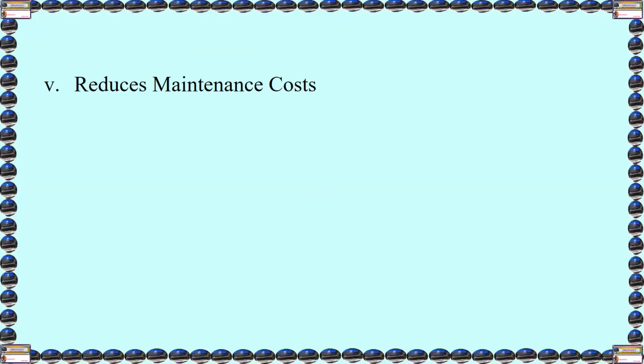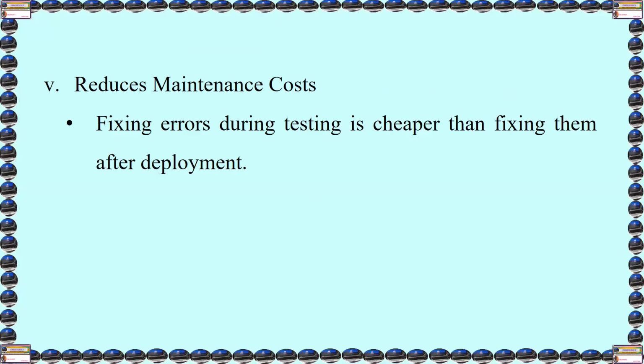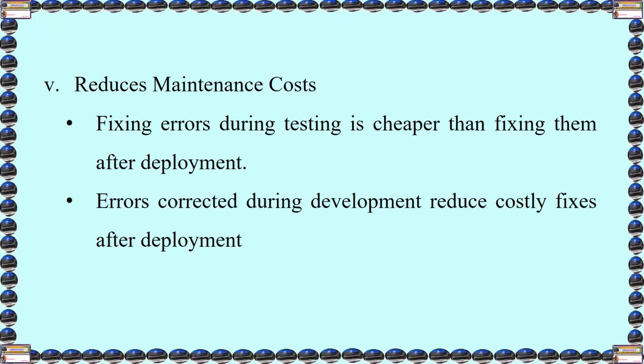Number five is reducing maintenance costs. Fixing errors during testing is cheaper than fixing them later after the system has been deployed. The errors are corrected during development, thus reducing costs of fixes after deployment. Therefore, it is important because maintenance costs are reduced.